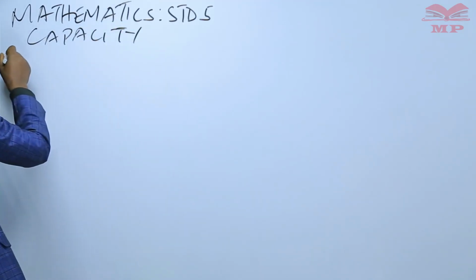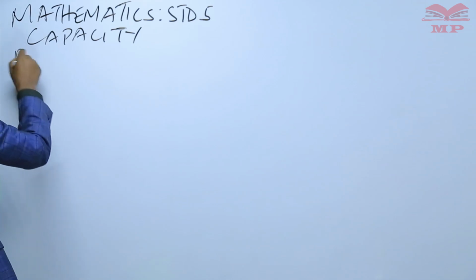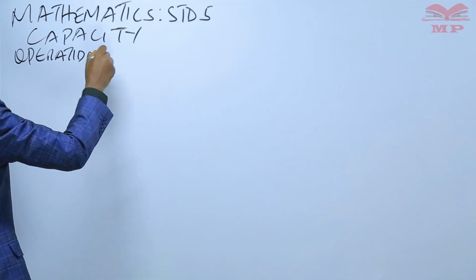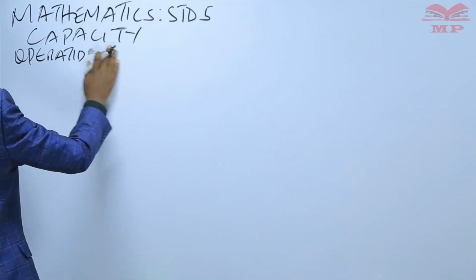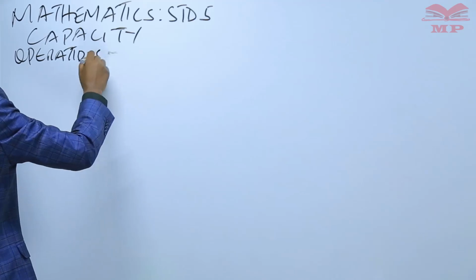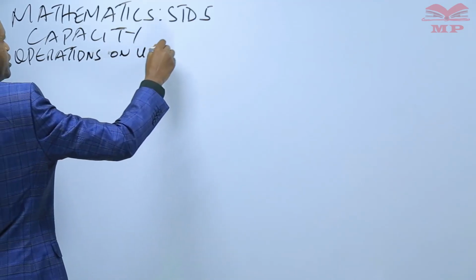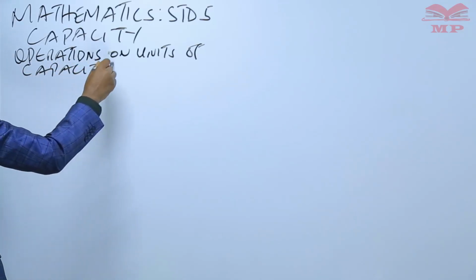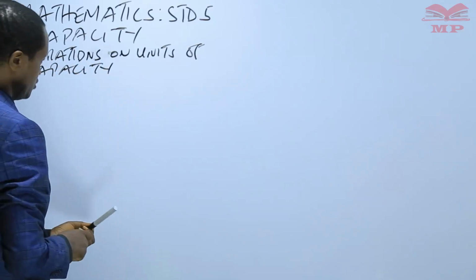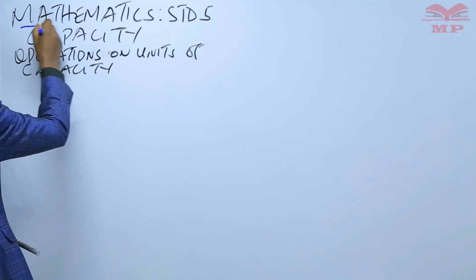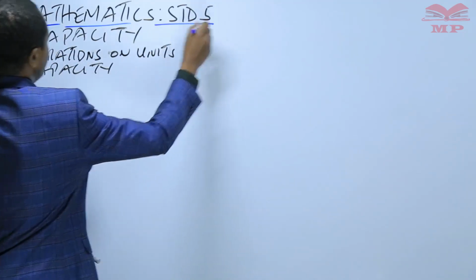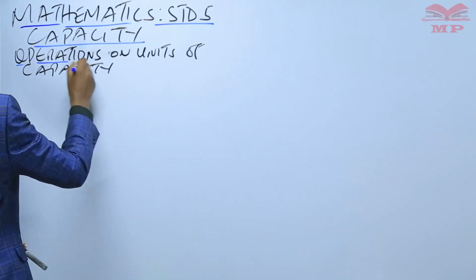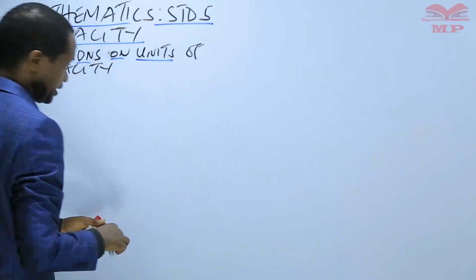I've just said we are going to concentrate on operations on units of capacity. Primary Mathematics Standard 5. Topic is capacity. The subtopic is operations on units of capacity.